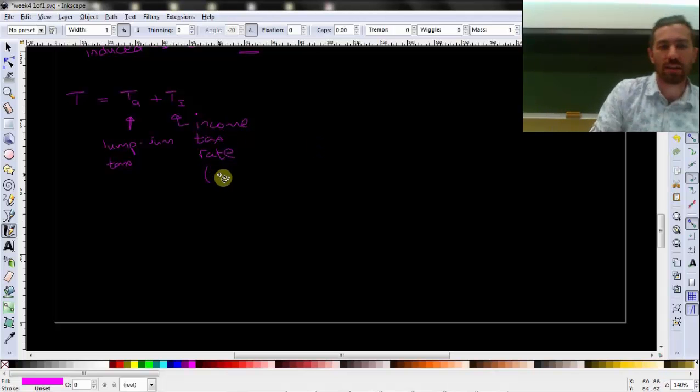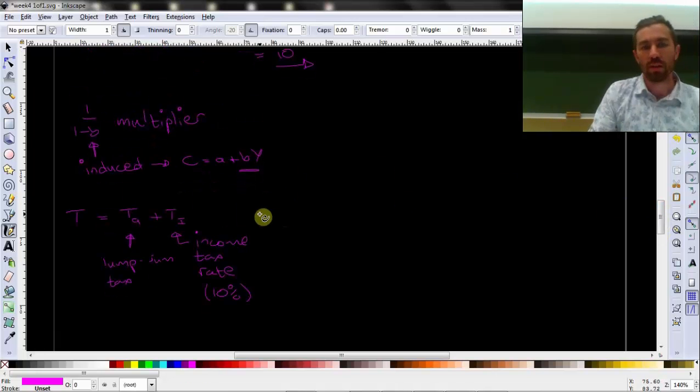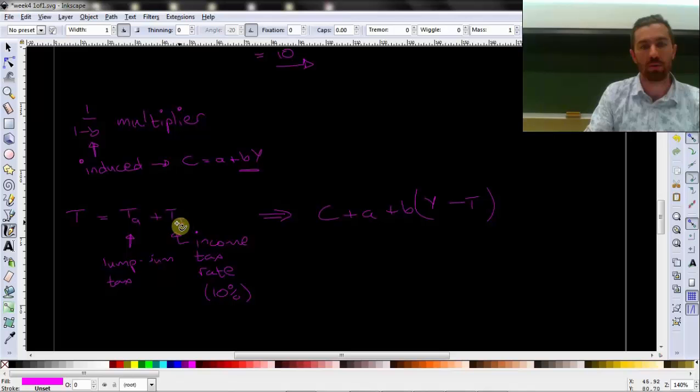Okay, let's say the income tax rate is 10%. Okay? What is going to happen to our consumption function? Our consumption function is now a plus b times y minus t, where t is now going to be two different components.